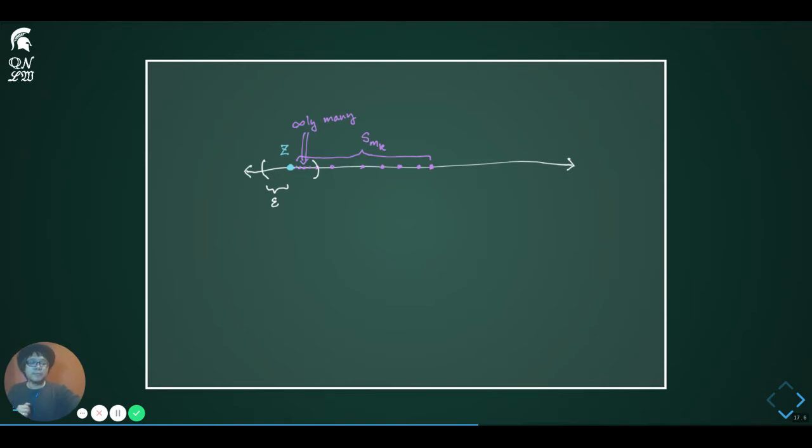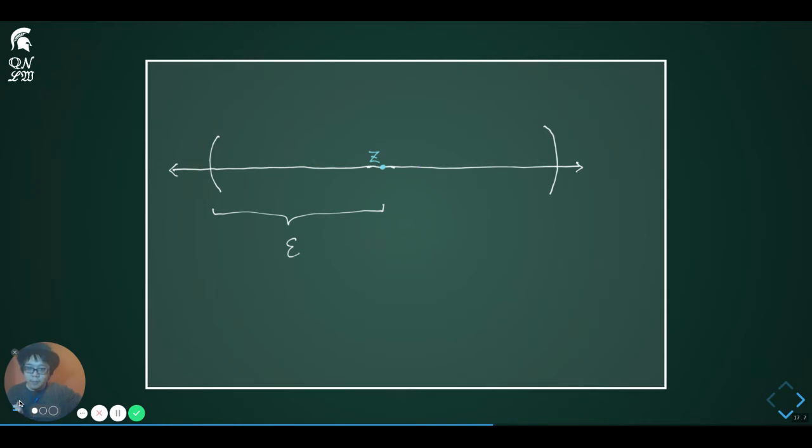Now, let's zoom in a bit. Here's again the 2 epsilon interval that we drew before, but blown up. As we discussed, there are infinitely many elements of s sub m nearby to z within this interval. So certainly there is at least one.